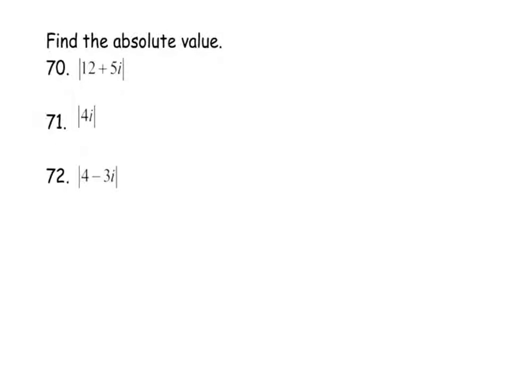So on this last slide, we are going to practice finding the absolute value of the complex number. And the first one is the absolute value of 12 plus 5i. So it's going to be the square root of 12 squared plus 5 squared.